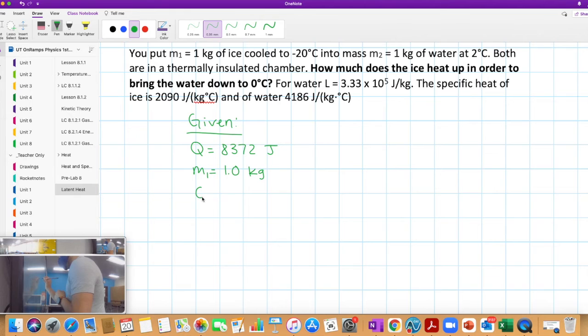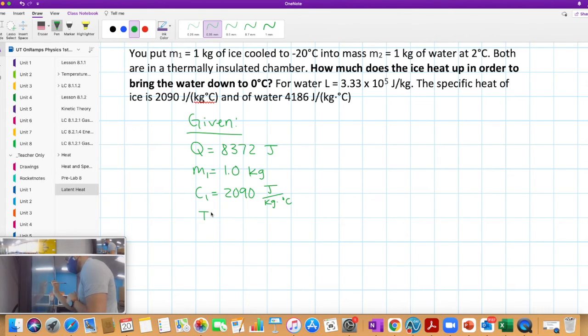Then we have specific heat of ice, which is 2,090 joules per kilogram times degrees Celsius. Then we have the initial temperature of the ice, which is negative 20 degrees Celsius. And we're trying to find the final temperature to then find the change in temperature.